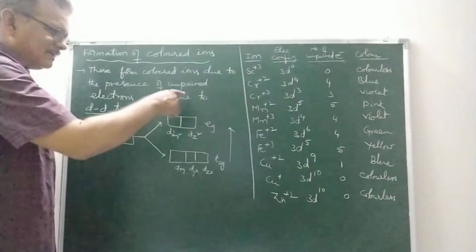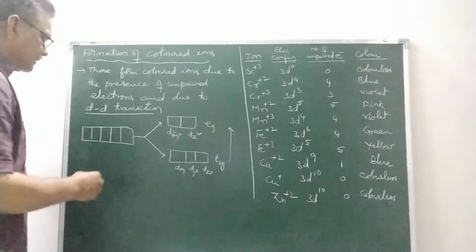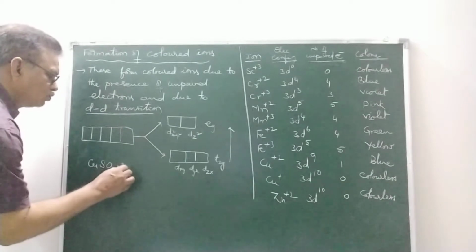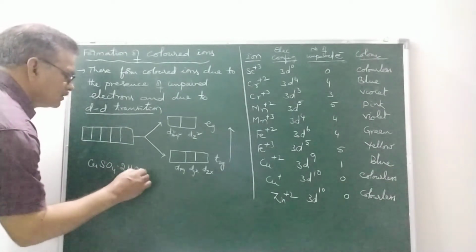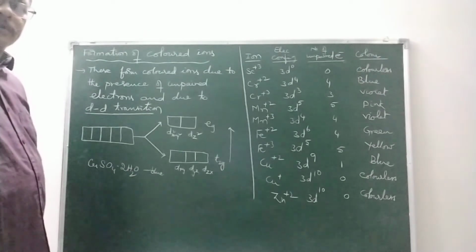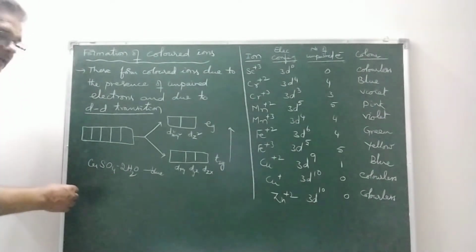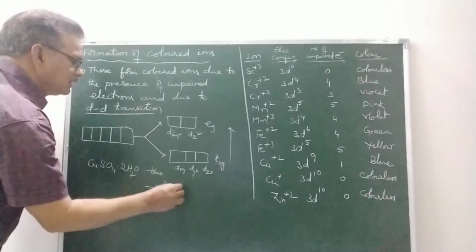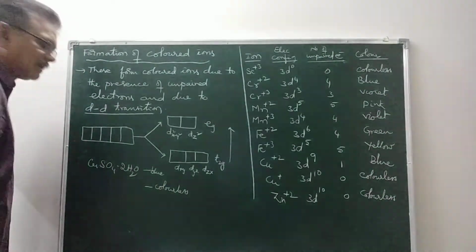This is DD transition. We know that copper sulfate, CuSO4 5H2O, is blue in color. Copper sulfate crystals are blue in color. When they are heated, it becomes colorless. Why does it become colorless?